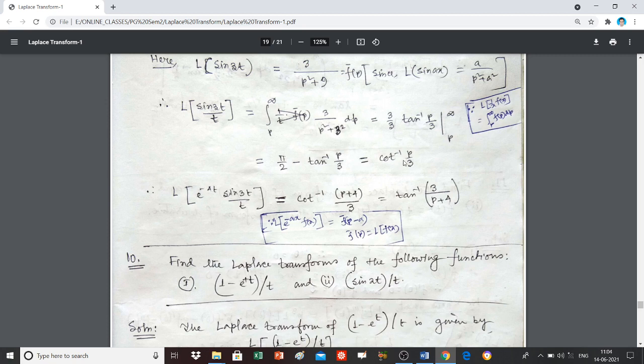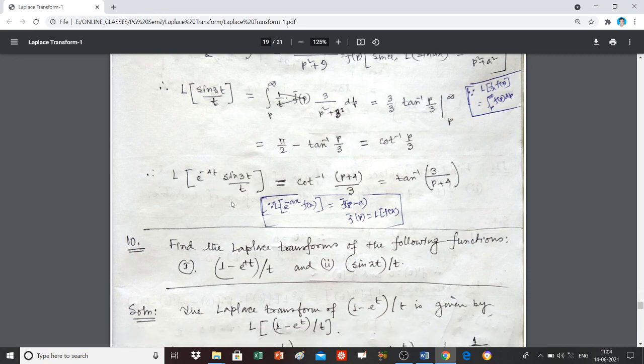In this case a is minus 4, so p should be replaced by p minus of minus 4, that is p plus 4. So cot inverse p by 3 becomes cot inverse (p plus 4) by 3, which can also be written as tan inverse 3 by (p plus 4). So this is the Laplace transform of the given function.